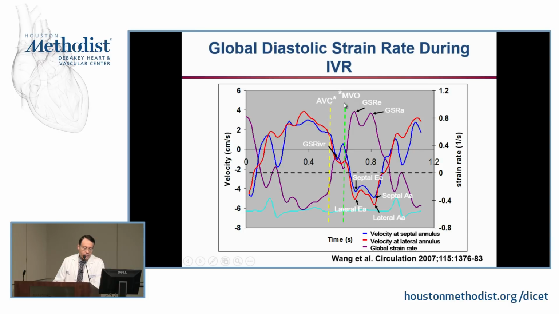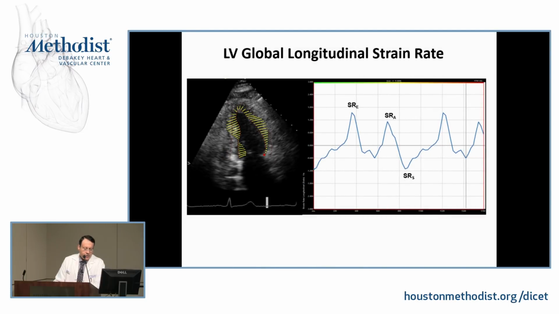And this time interval between the aortic valve closure and the mitral valve opening is the isovolumic relaxation. And notice you have these downward facing velocities in the annulus velocity signals, but an upward signal during isovolumic relaxation. You can do this with several software systems, if you would.